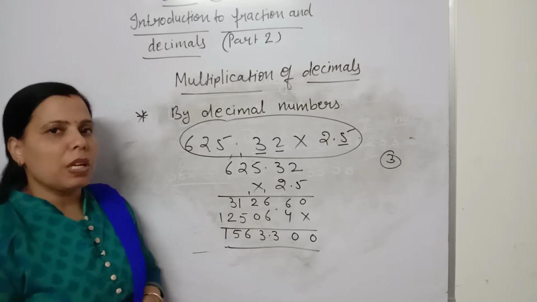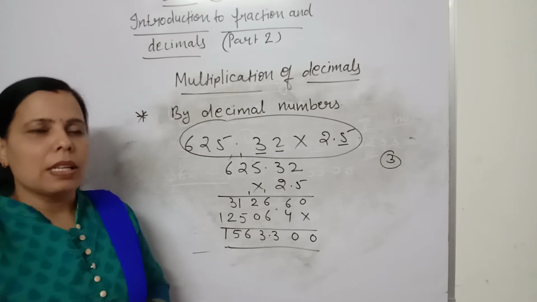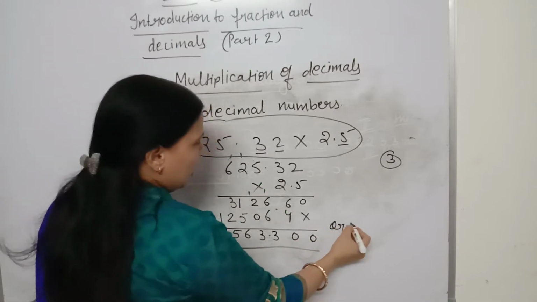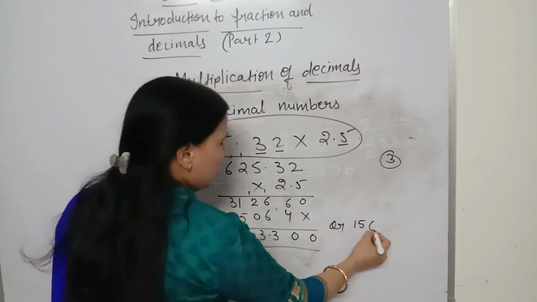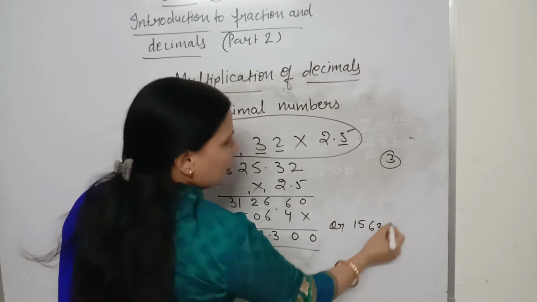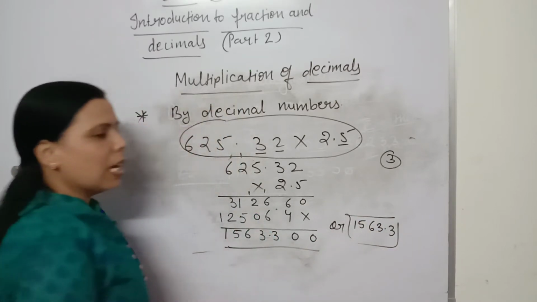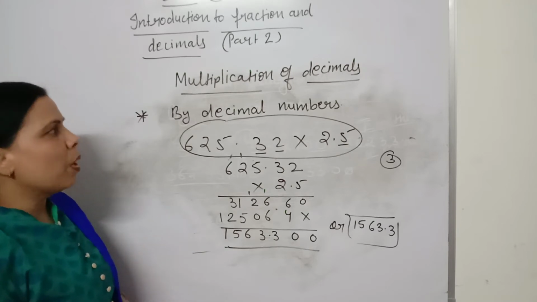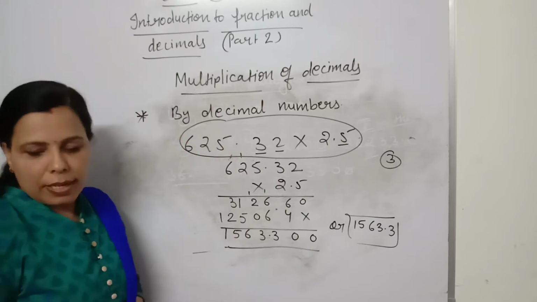That means after decimal, if you have only 0 at last, it has no value. So you can write the answer as 1563.3 only. So this was the last example of the multiplication by decimal number.